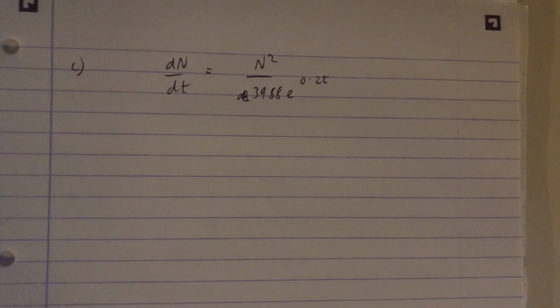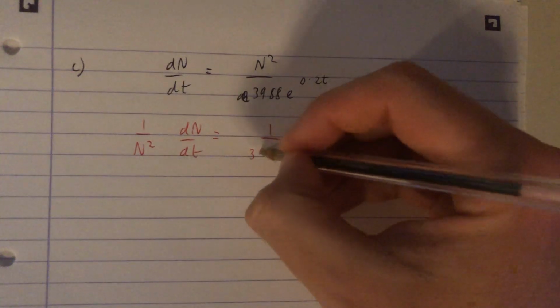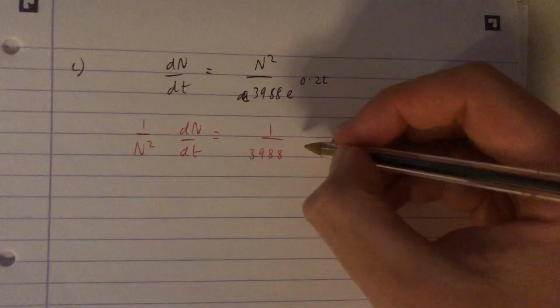And this is just a more complicated separable differential equation, but the initial steps are the same. The n's go to the left and the t's stay on the right. So divide by n squared. Leave the t's on the right.